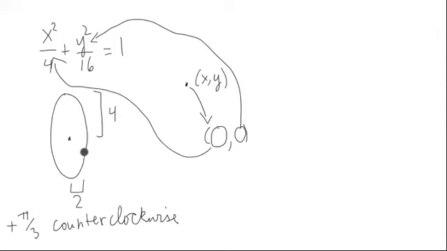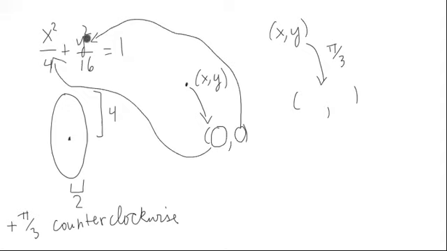So what we're going to do is take the point x comma y and rotate this point by pi thirds clockwise, and then plug the result into this equation, into the x and the y.